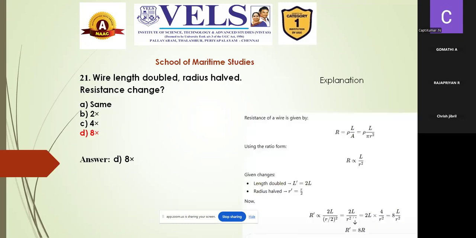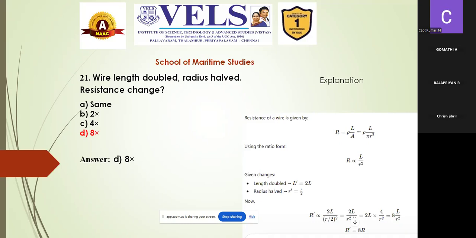Our next question is, wire length is doubled, radius is half. What will be the resistance change? Let's consider a wire of length L and radius R. The area of cross section of the wire is A is equal to pi R square.